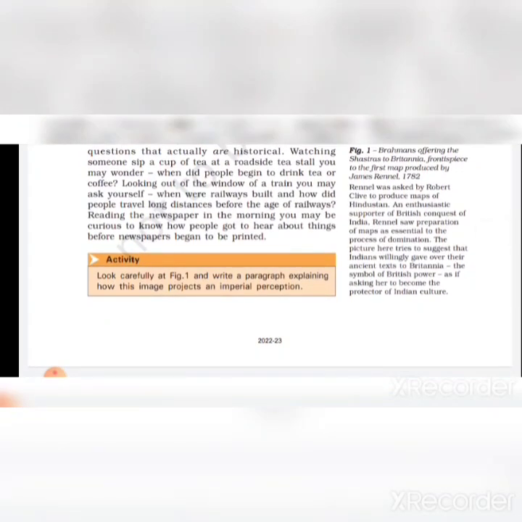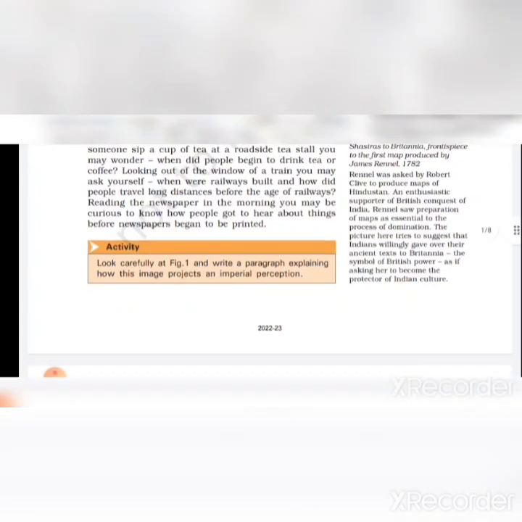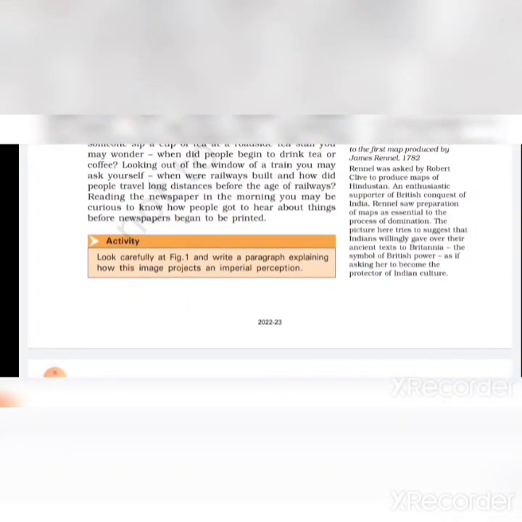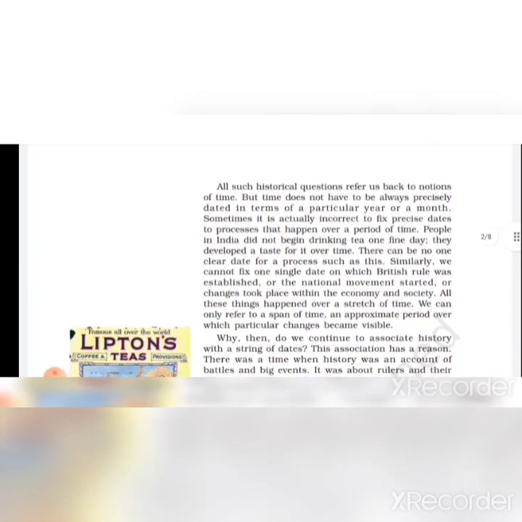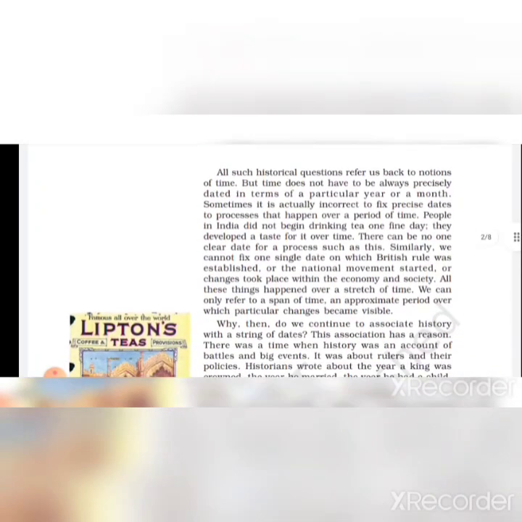An enthusiastic supporter of British conquest of India, Rennell saw preparation of maps as essential to the process of domination. The picture here tries to suggest that Indians willingly gave over their ancient texts to Britannia, the symbol of British power, as if asking her to become the protector of Indian culture.